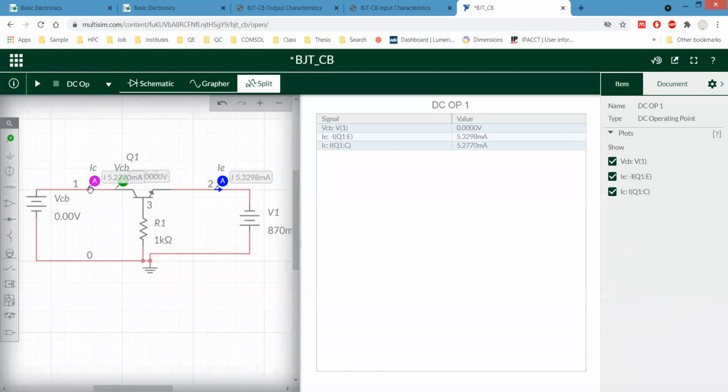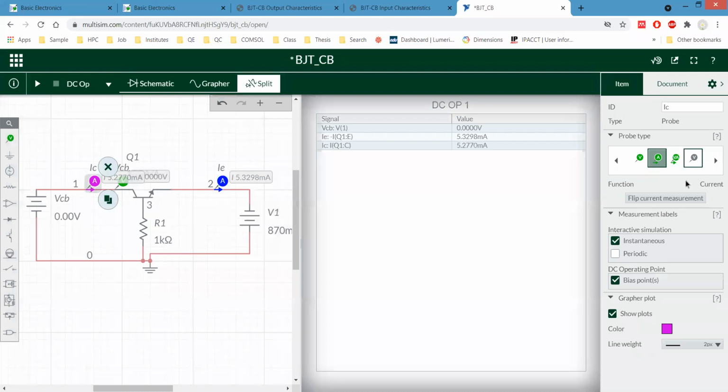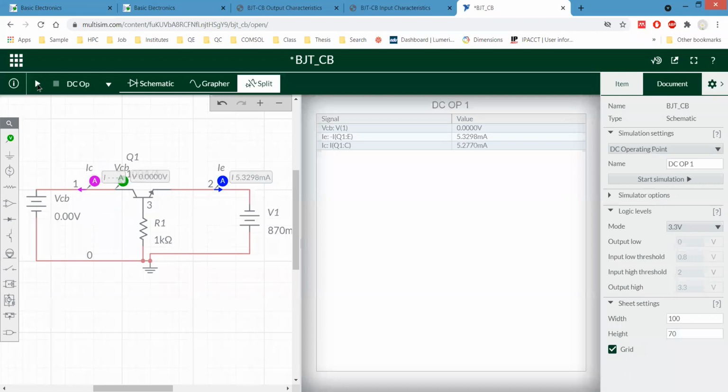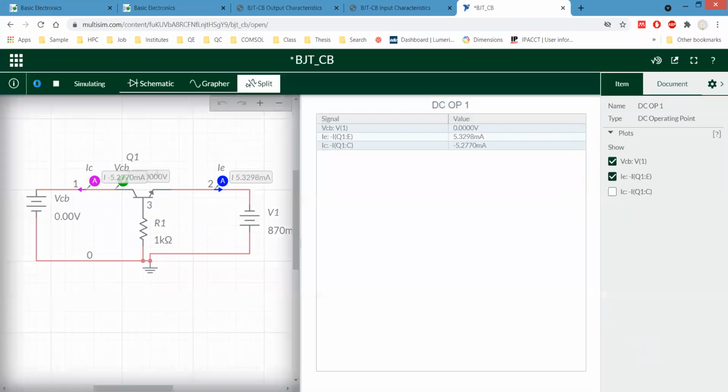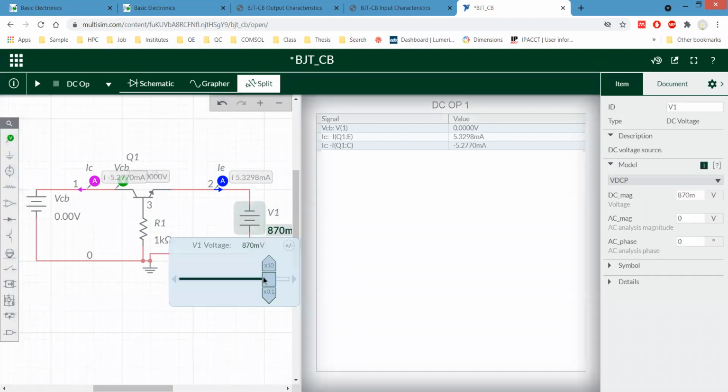This thing should be in reverse, right? Same thing we are having, the collector current. Why is it so? Let me reduce it further.